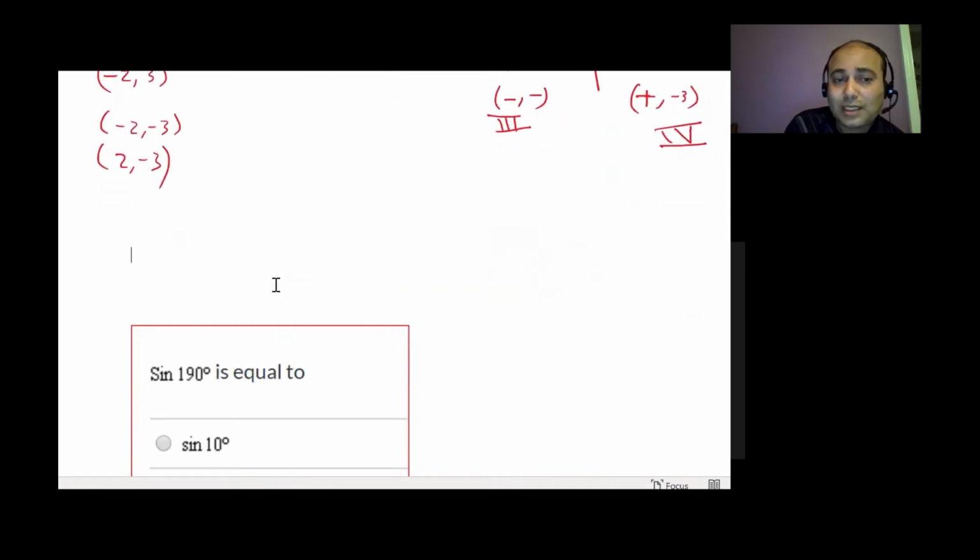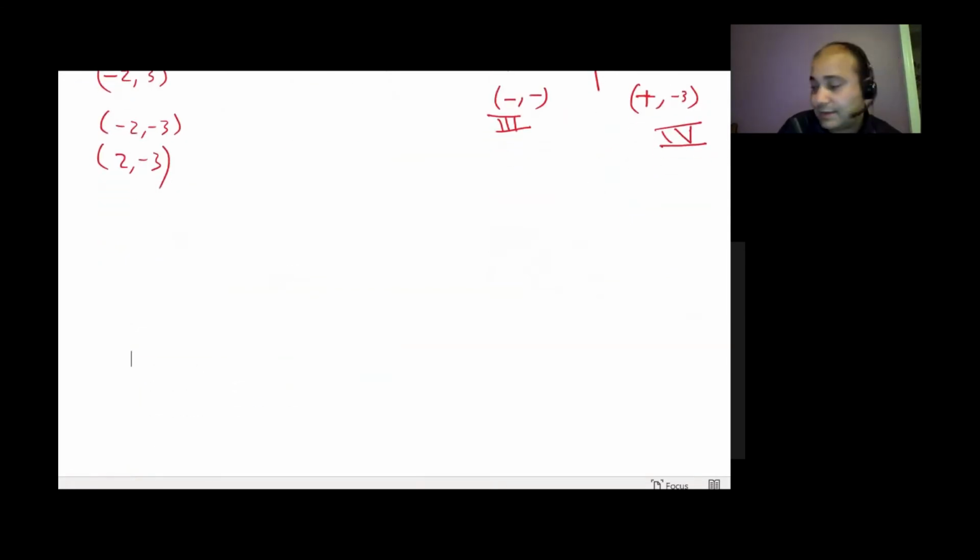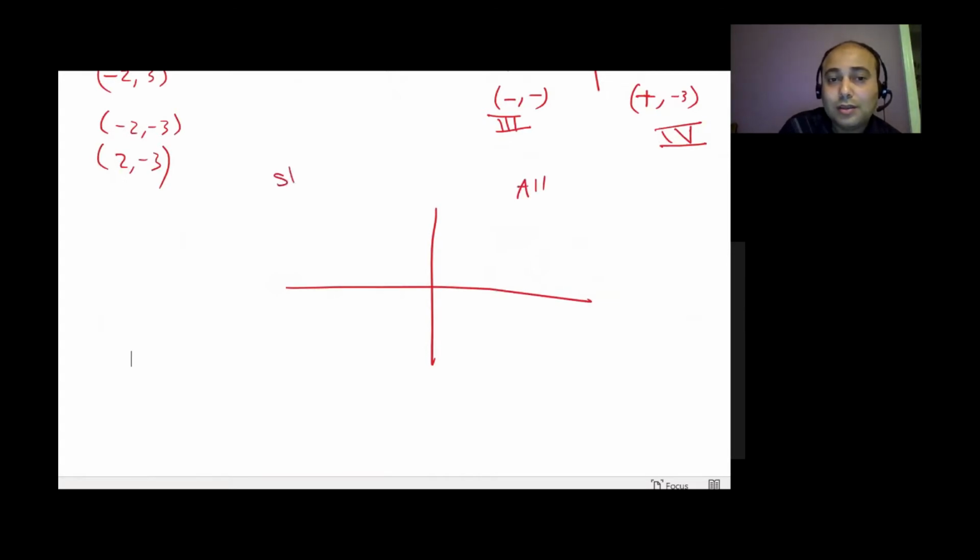So this is exactly what I need you to learn for today. Please write this down, we are going to use this every single day: All Students Take Calculus. We are going to use this every single day moving forward. All right, so he's writing it down.